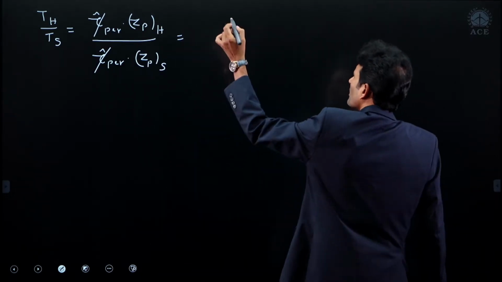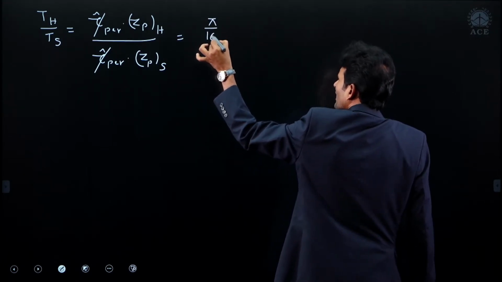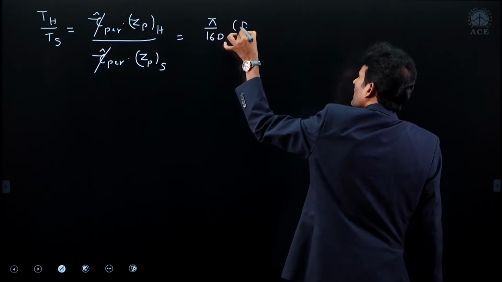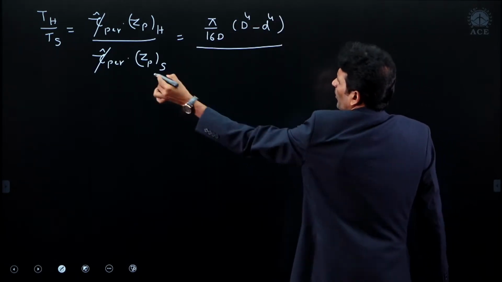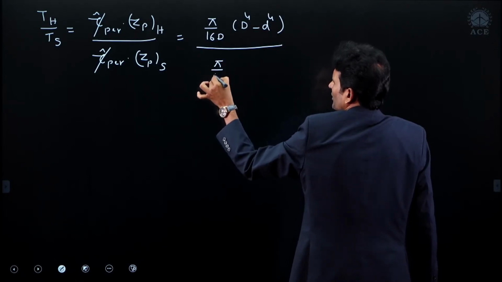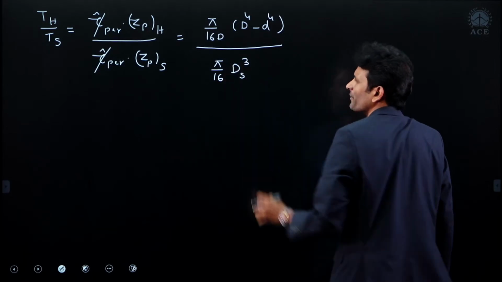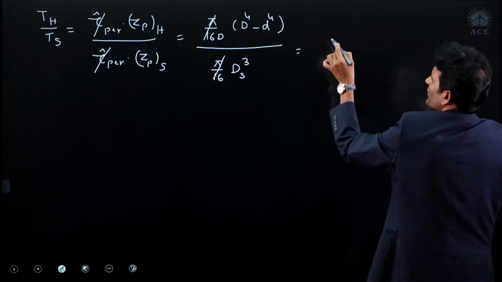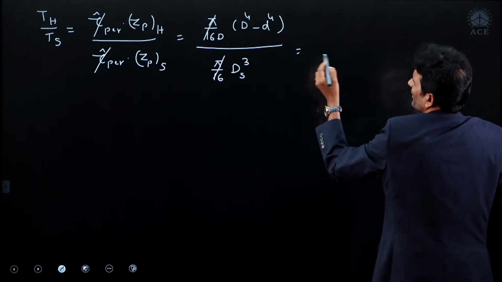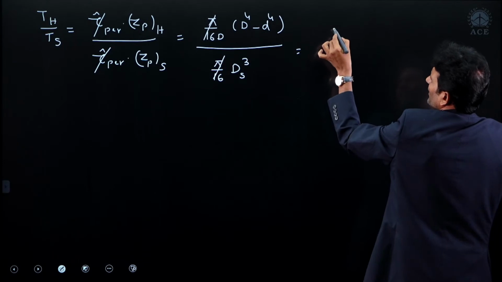What is the polar section modulus for hollow shaft? You know, pi upon 16 into (capital D raised to 4 minus d raised to 4) divided by capital D. What is the polar section modulus for solid? Strike off this one. Capital D value is already mentioned, otherwise you can take it later. It's not an issue. What is the capital D mentioned?